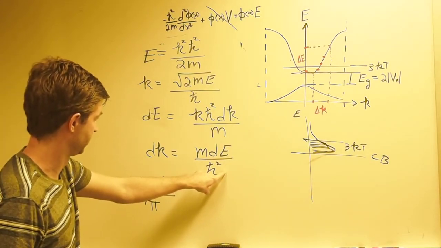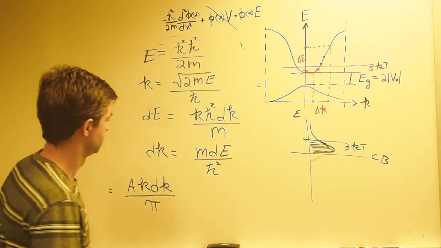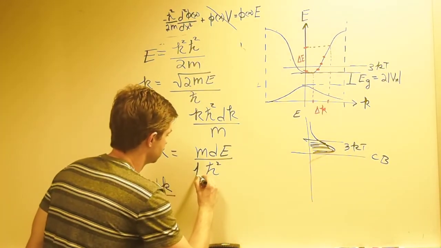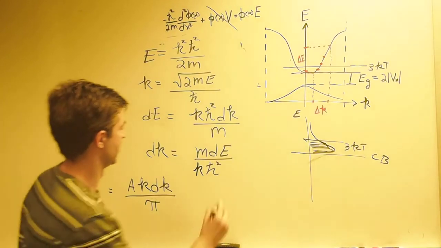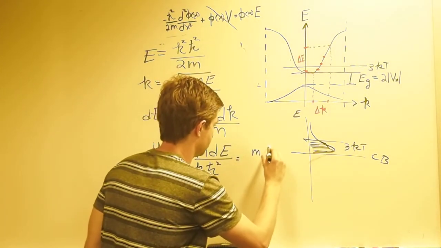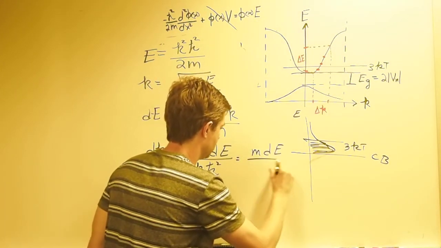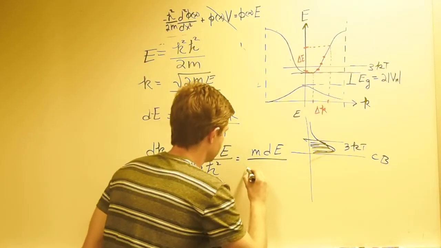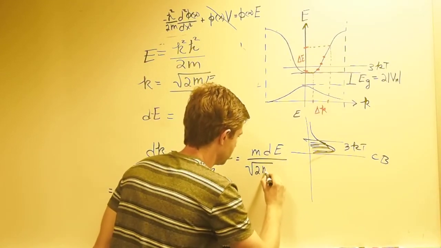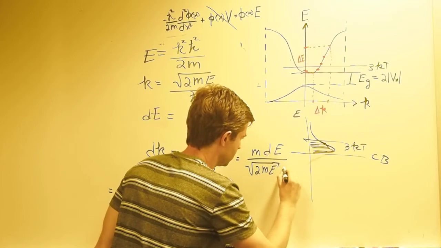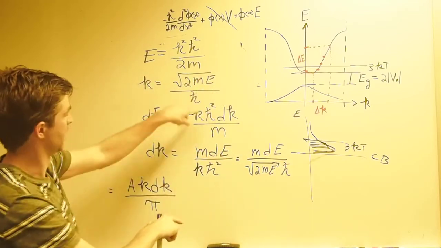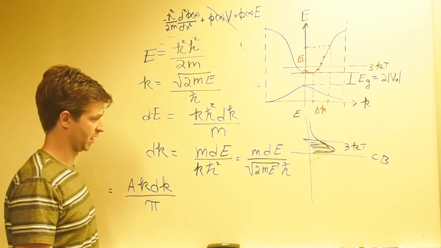I have dk here, and I have k. So I can rewrite that as m dE over the square root of 2mE times h bar, and that cancels out.